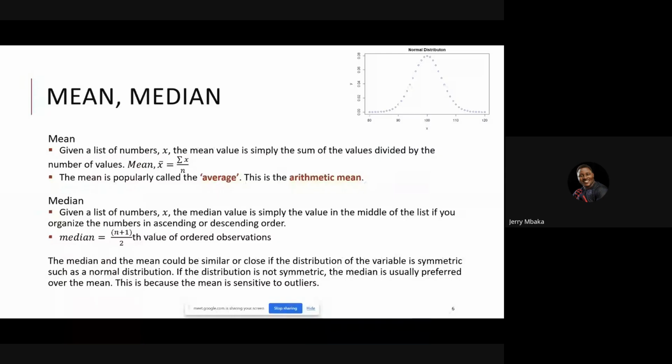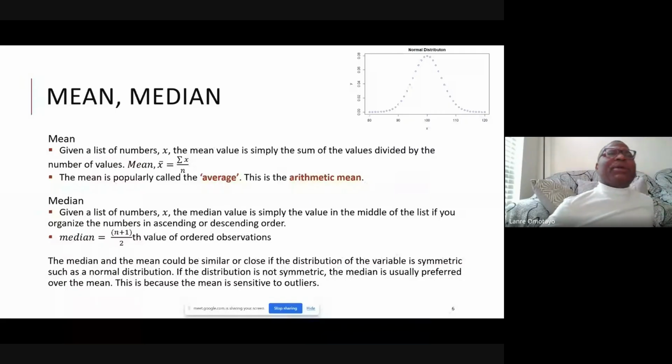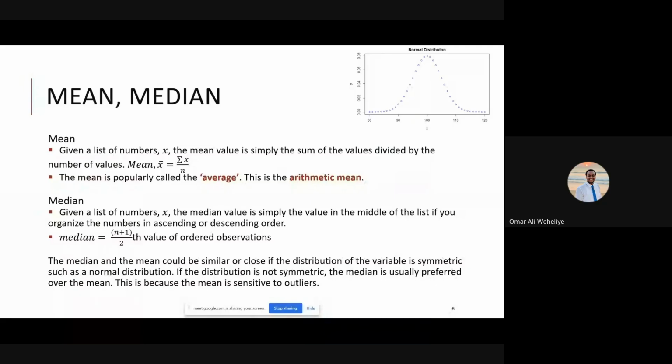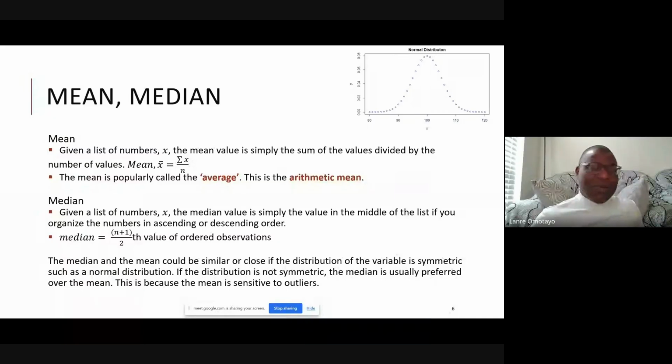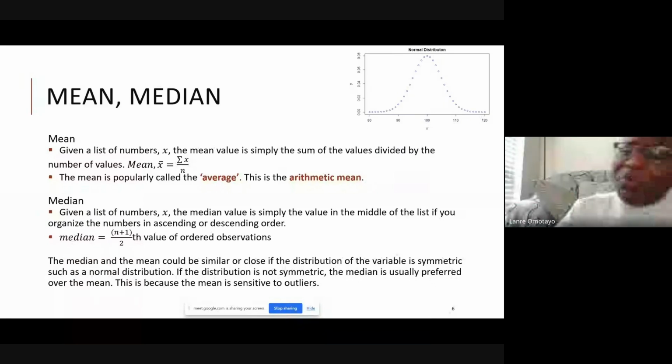Okay, 15. But here's the problem. In this team, is there anybody who's 15 years old? No, nobody. So when people ask you for the average, people can mean so many different things.